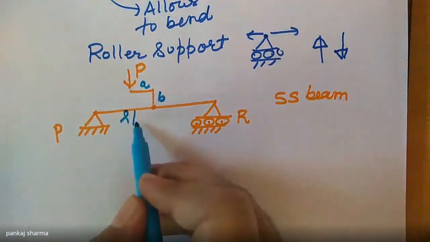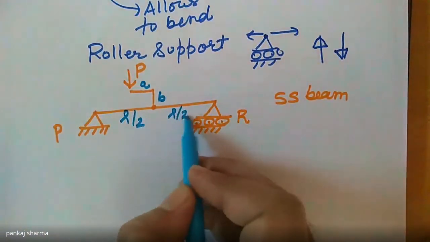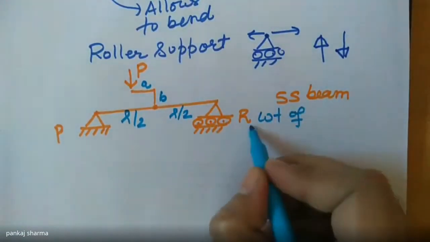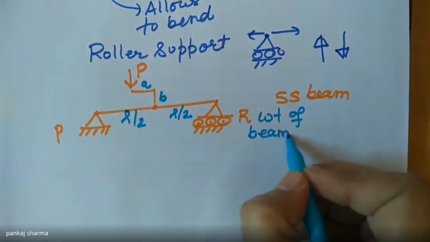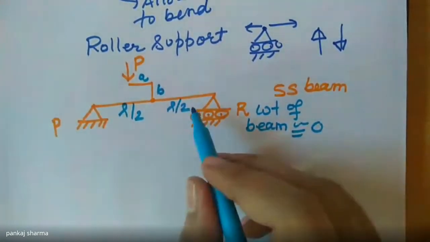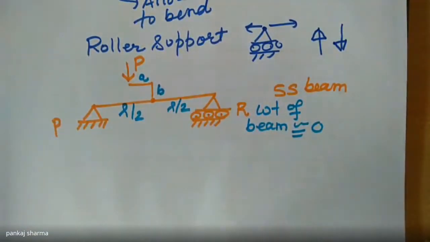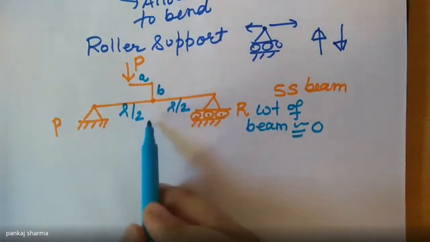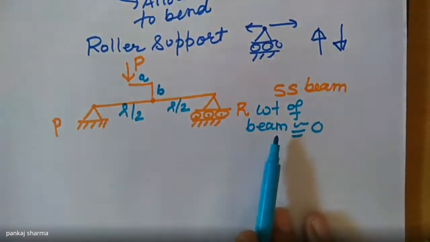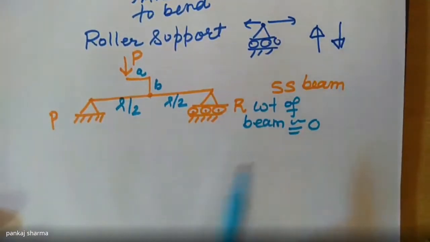Suppose it is L by 2 and it is L by 2. The weight of the beam is 0. If the beam is made of homogeneous material, the net weight acts at the mid of the span. But in this problem I am taking the weight of the beam as 0, only P is there.